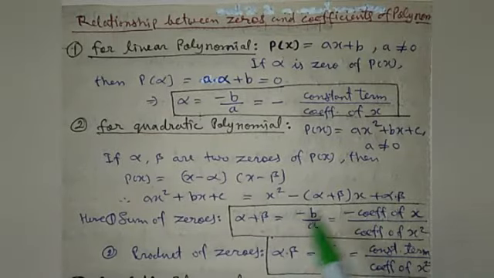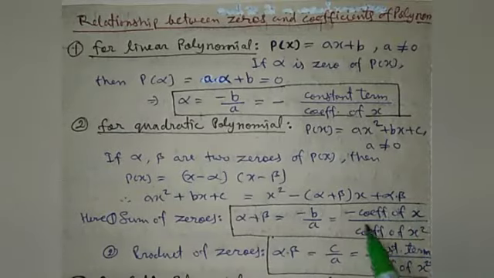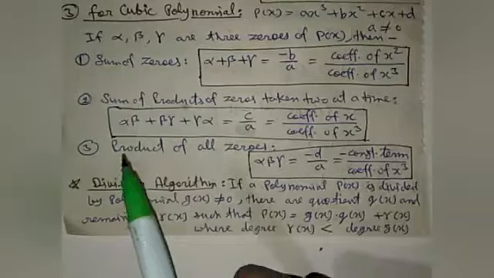On comparing, you will get alpha plus beta equal to minus b upon a. That is minus coefficient of x divided by coefficient of x square. It is the sum of zeros. Now, the product of zeros, that means alpha into beta, is equal to c upon a. That is equal to constant term upon coefficient of x square.